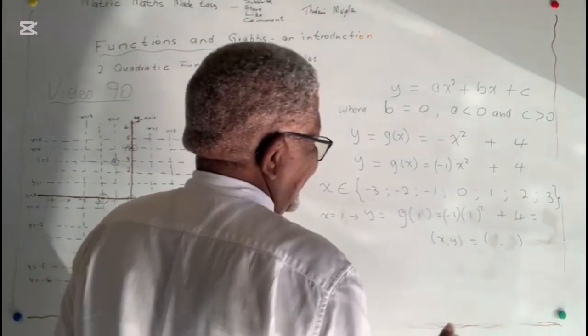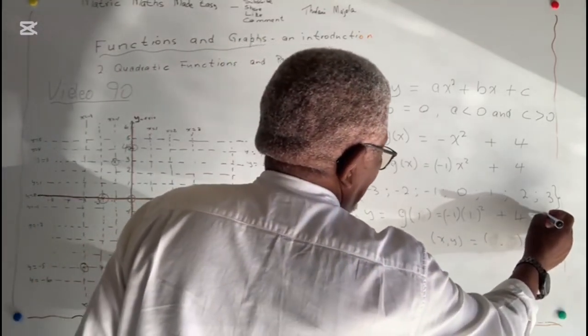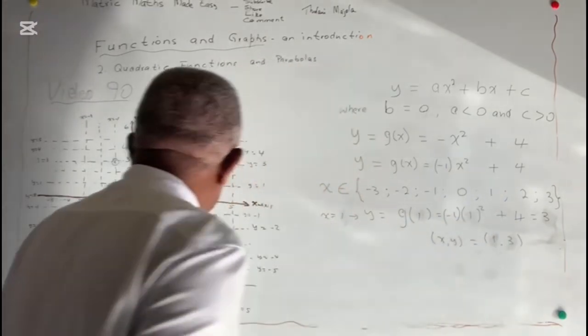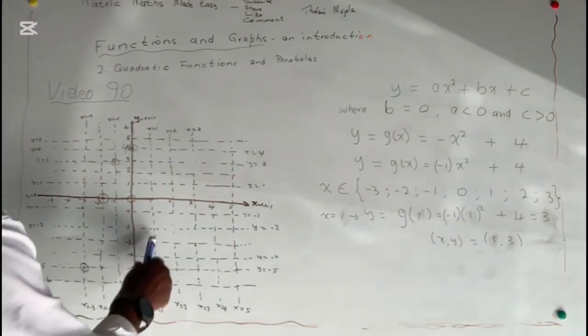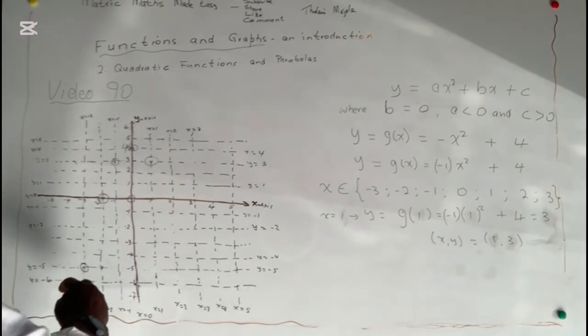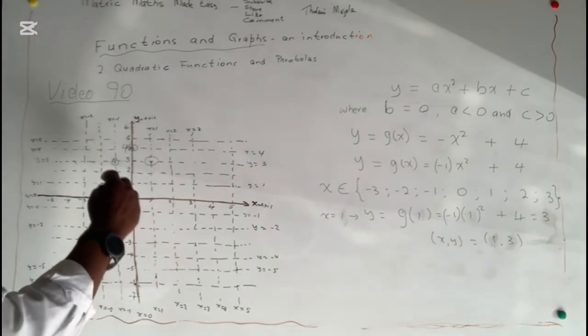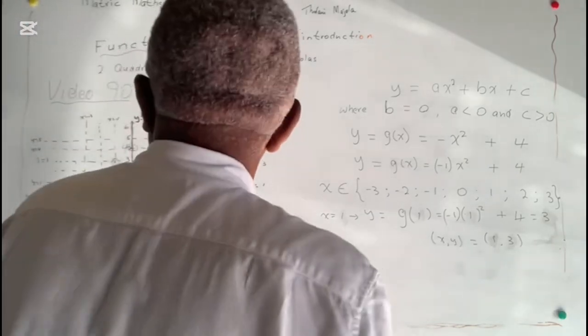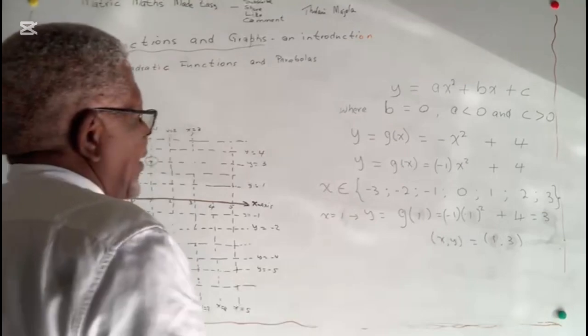Negative 1 times 1 is negative 1, plus 4 is positive 3. So we've got a point 1 and positive 3. So we can see the graph has gone up and now it's coming down. So that 4 is your maximum already. But anyway, we'll do that in the next video.